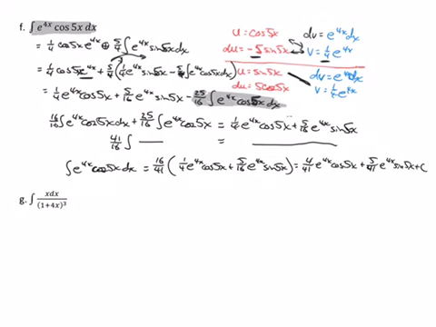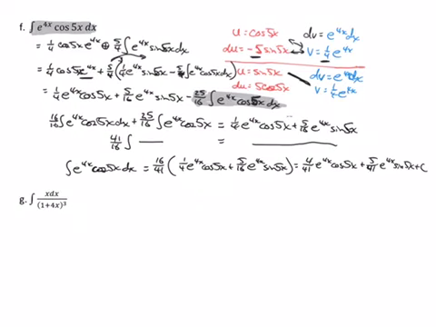And you can see that when we simplify, we end up with 4/41 of e to the 4x cosine 5x plus 5/41 e to the 4x sine of 5x. So you can generalize this. And in order to generalize it, you might want to think about where that 41 comes from.